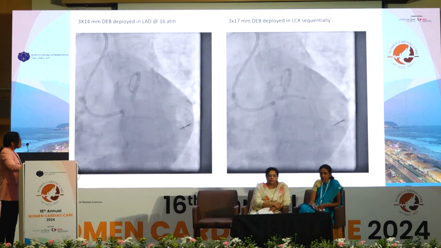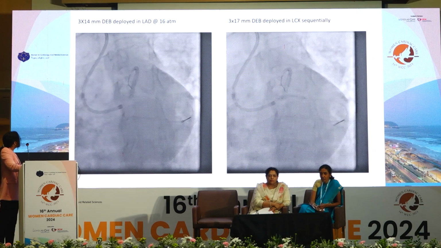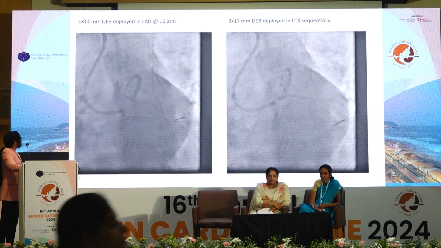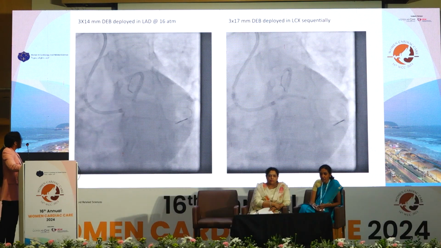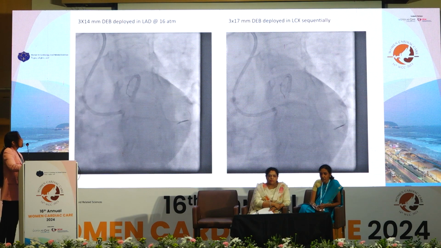Then we put a 3 by 14 mm DEB and deployed it at 16 ATM in LAD, and a 3 by 17 mm drug-eluting balloon was deployed in LCX subsequently.